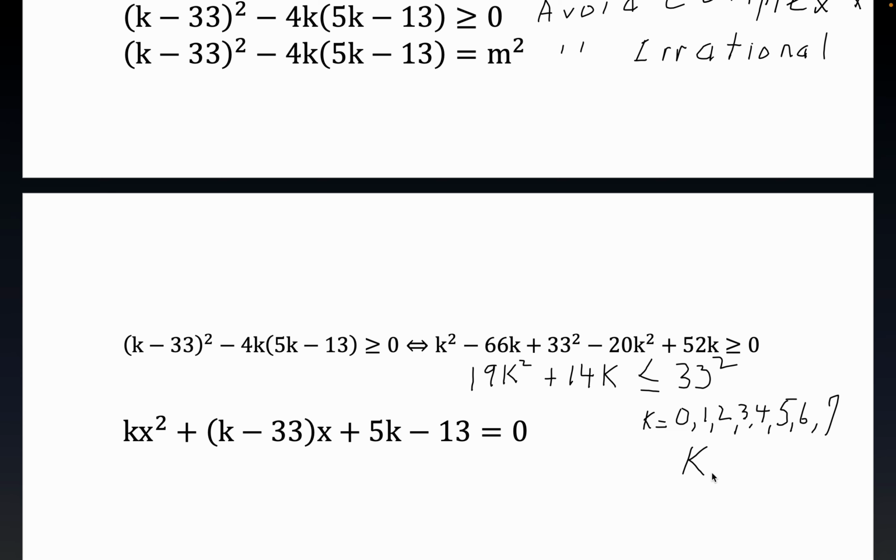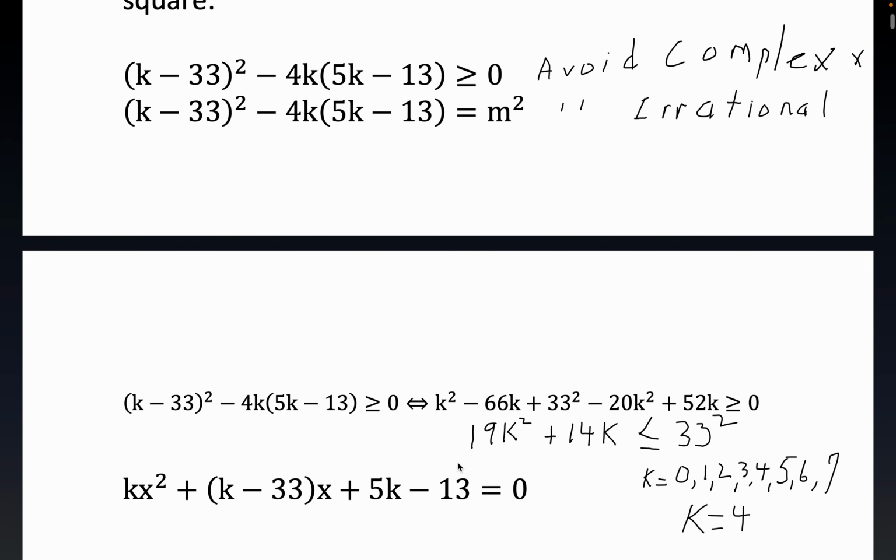Now, I'll come up here and show you why. If we look at k equals 4 in this piece where we're trying to make it equal a perfect square, this would be 29 squared right here.